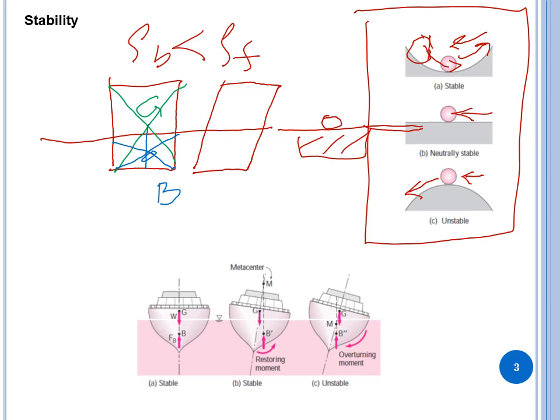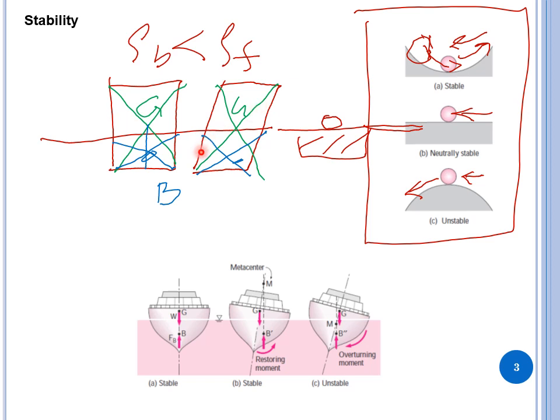Same thing, we find out the center of gravity. Say this is the center of gravity. Center of buoyancy is somewhere here.